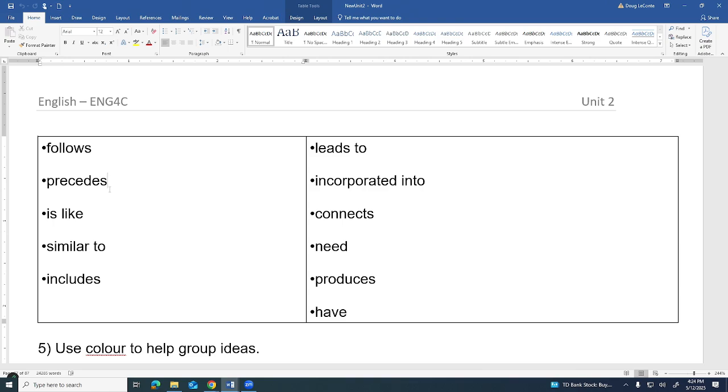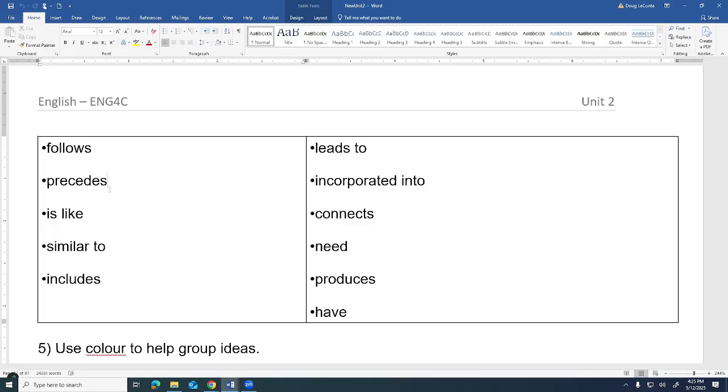Something about the elements of the film can cause that, right? We also have "is like," "this is similar to," "this includes or leads to," "this can be incorporated into or connects."